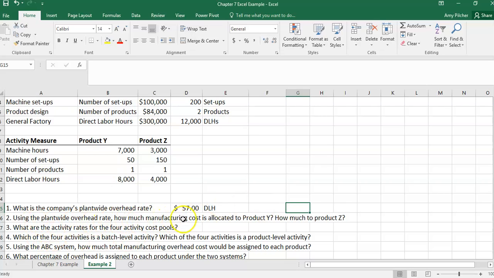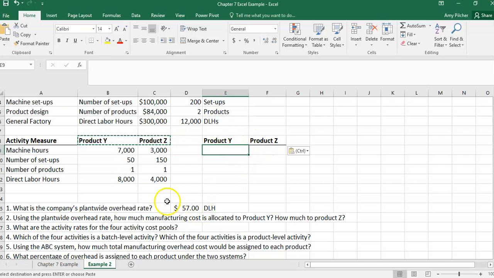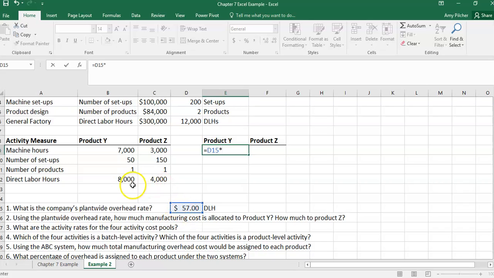Using that plant-wide rate, how much manufacturing cost is allocated to product Y and how much to product Z? So if we have a rate of $57 per direct labor hour and product Y uses 8,000 direct labor hours, then we would have 57 times 8,000.